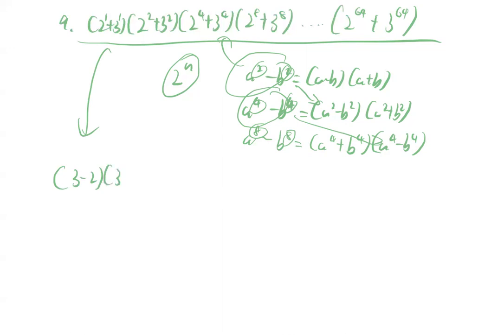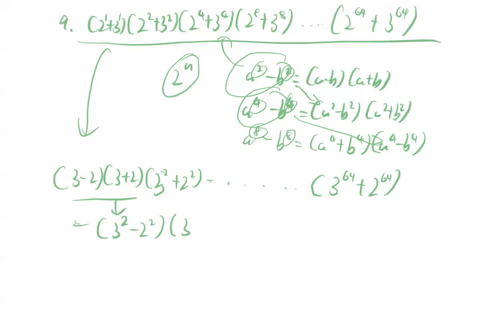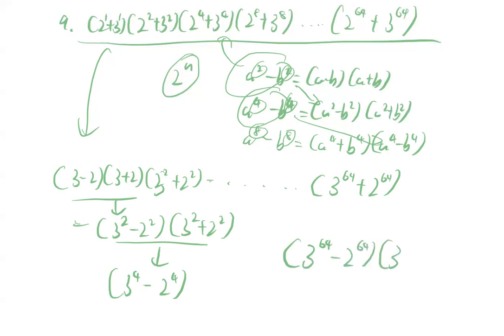If you look at this sequence now, it seems much clearer, because this has become 3 squared minus 2 squared, the difference of squares. And this has become 3 to the power 4 minus 2 to the power 4, and so on. So at the end, the answer will be 3 to the power of 128 minus 2 to the power of 128.